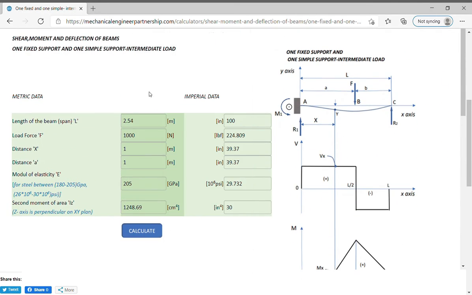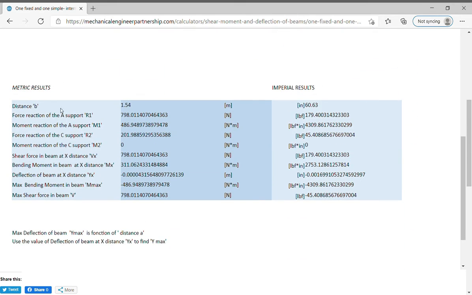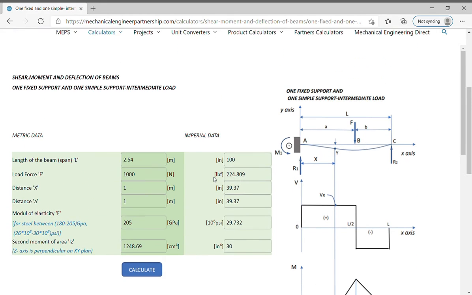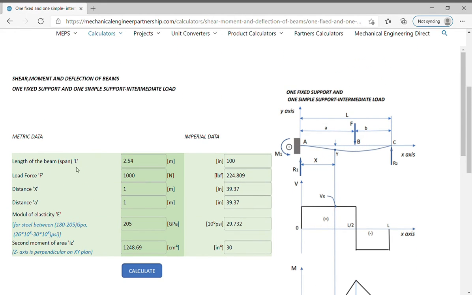On the left side is the data, metric and imperial units, and in blue color we obtain the results in metric units, respectively imperial units. Data are the length L of the beam in meters or inches, force F in newtons or pound force, and in absolute value, the results are positive or negative related to the sign convention, a distance of the F force from a support, or distance between supports AC, in meters or inches, and x, distance in meters or inches.